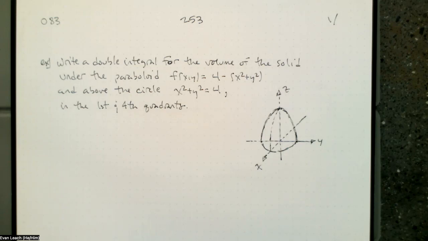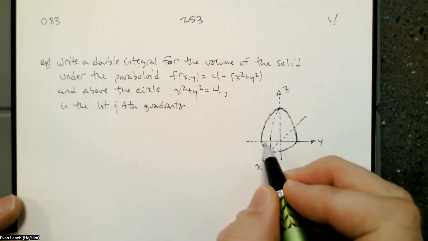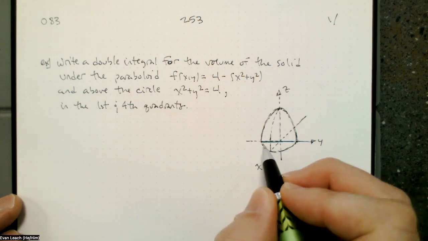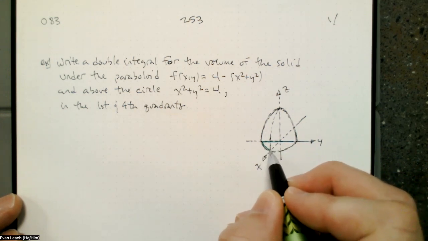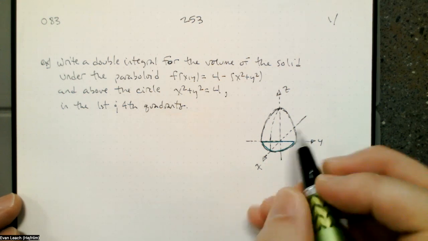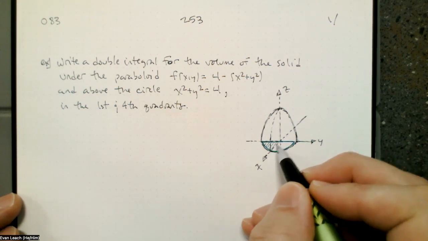So let's look at this from the top view. And I've got a semicircle down here that I have to describe for the double integral. So down here is a semicircle.